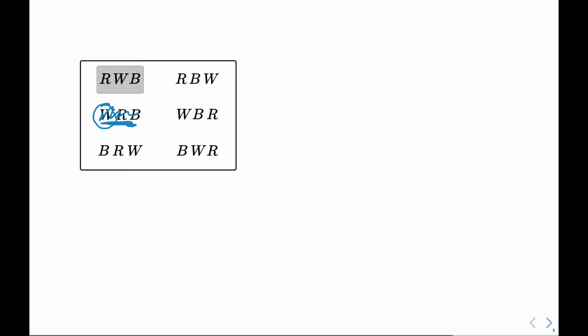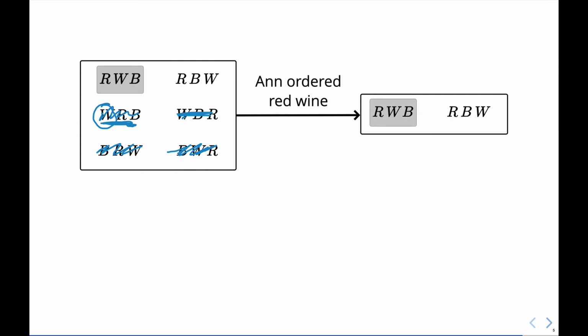Similarly, the waiter can ignore this possibility because this also is a situation in which Anne ordered white wine. And finally, the waiter can, of course, remove the last two possibilities because in those possibilities, Anne ordered beer. So after learning that Anne ordered red wine, this causes the waiter to update his or her uncertainty set by removing some possibilities.